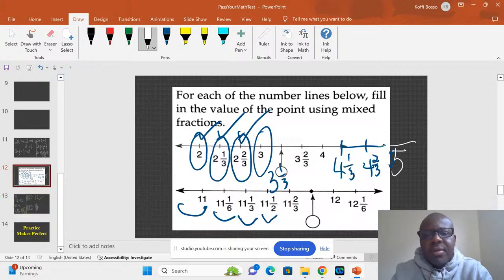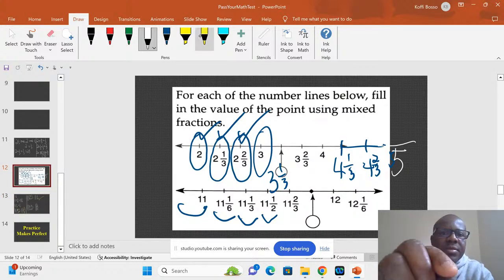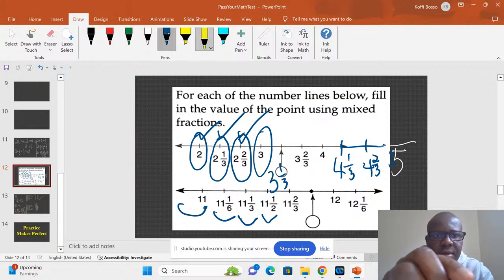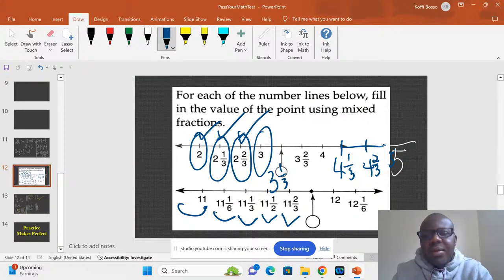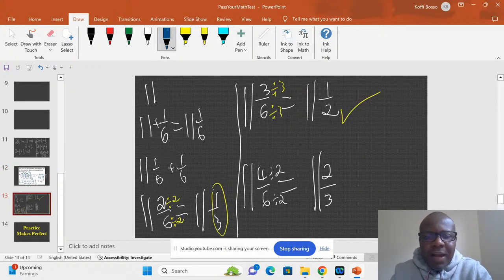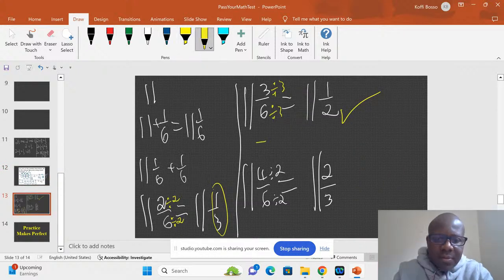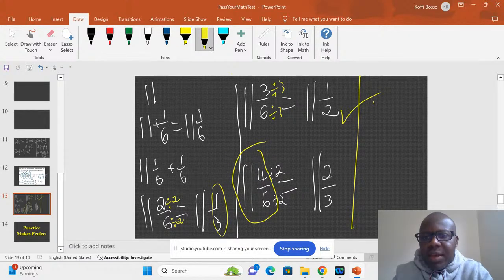That's the reason they have 11 and 2/3. Therefore, what is going to be the next one? After I have 11 and 4/6, the next one will be 11 and 5/6, which is the case here.